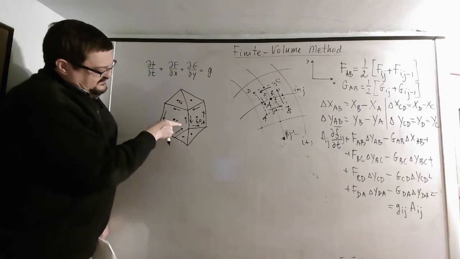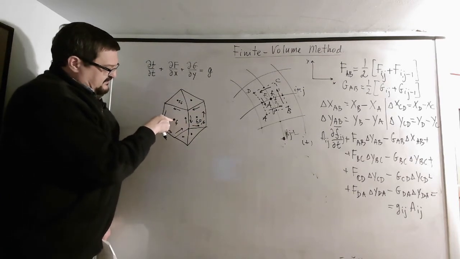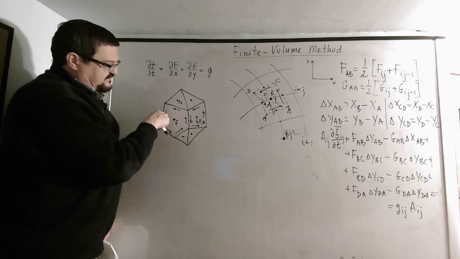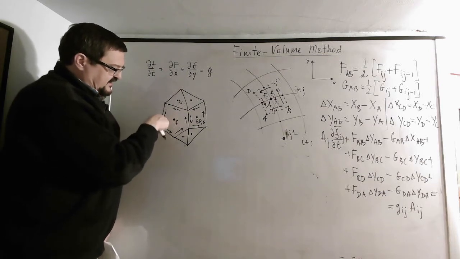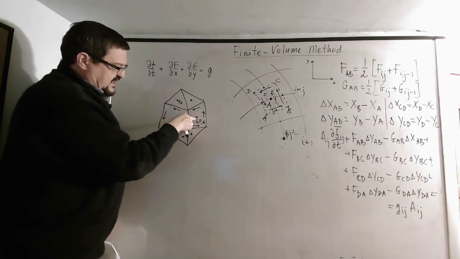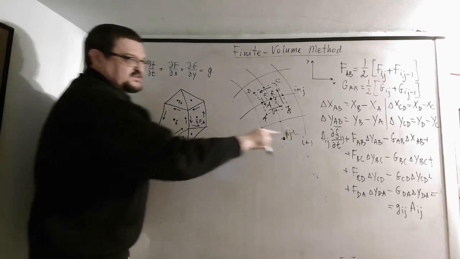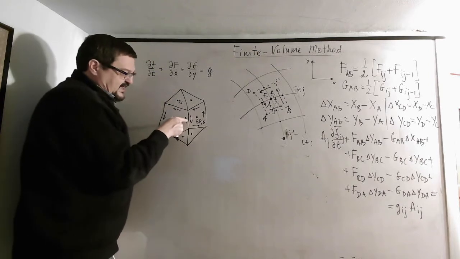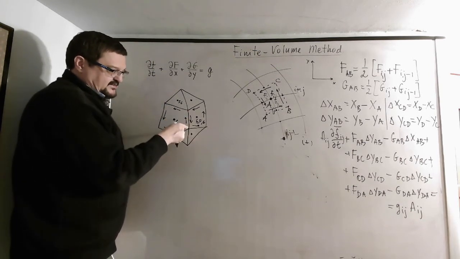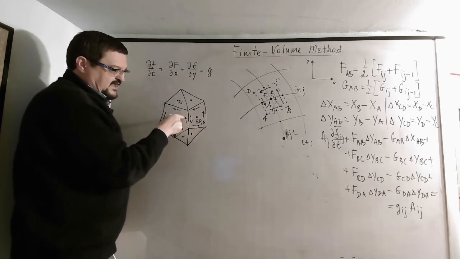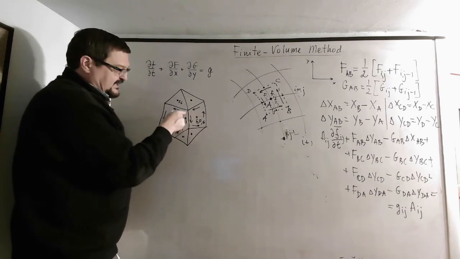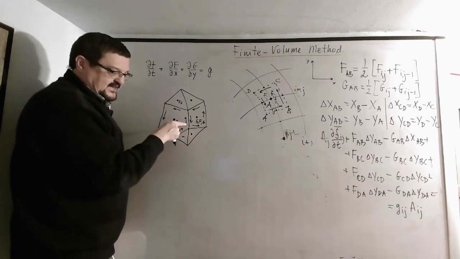Now when you add this expression, f times its area plus f in this cell times the area of this cell, it's going to be only these terms. And the f's are going to be the same on the neighboring side for this cell and for this cell, and delta y and delta x are the same except for the sign.